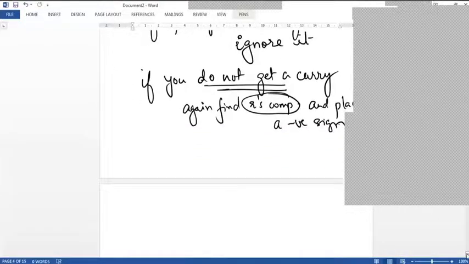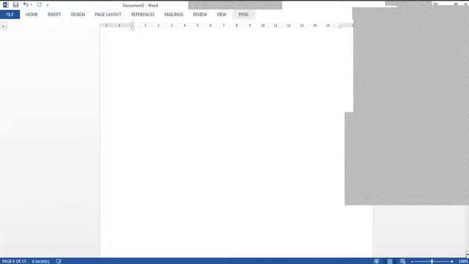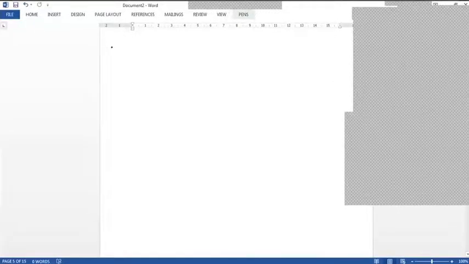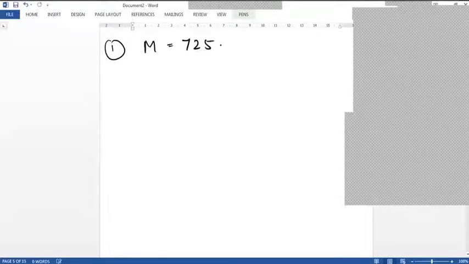Now let us understand this through an example and then it would be more clear. Let us take two numbers, m and n.